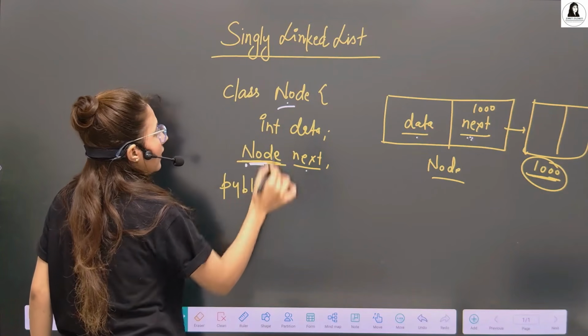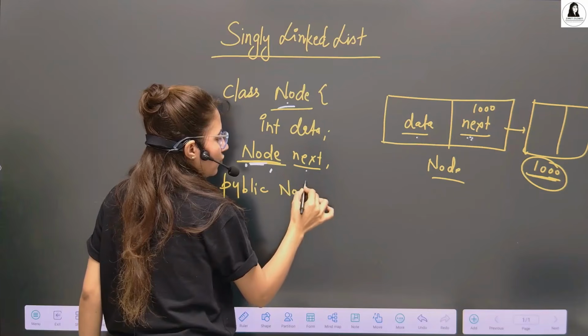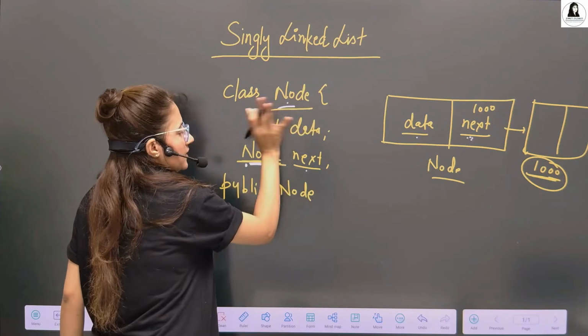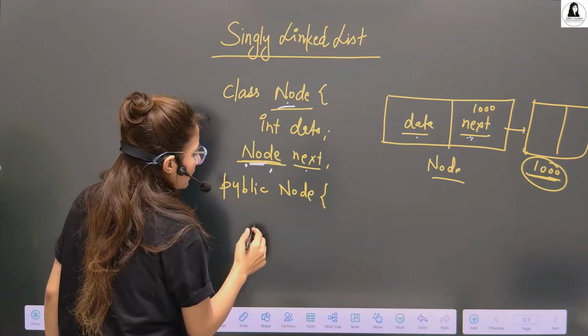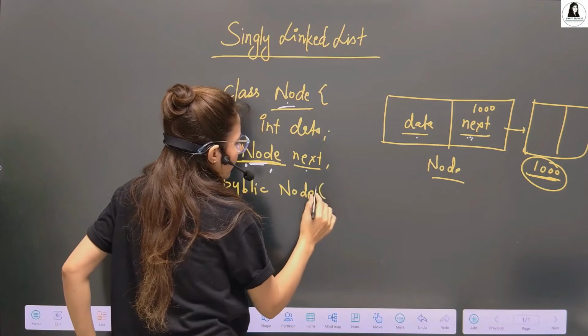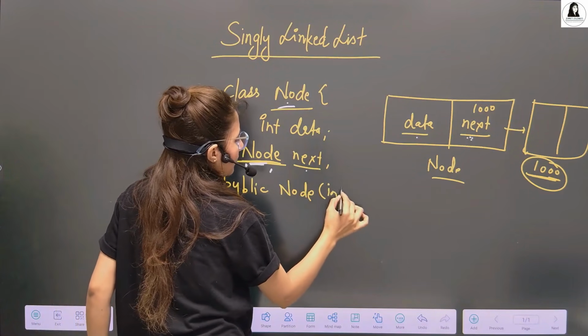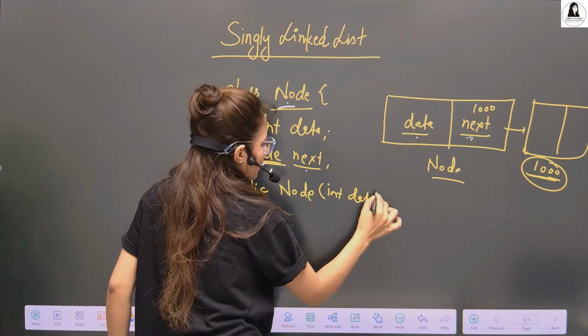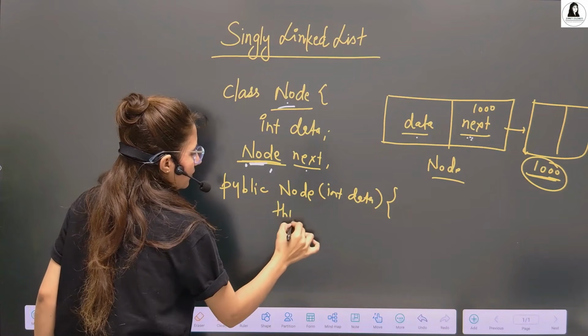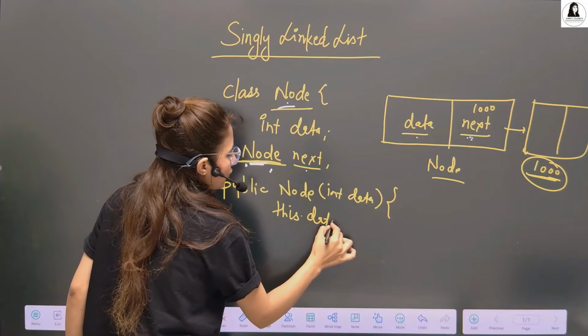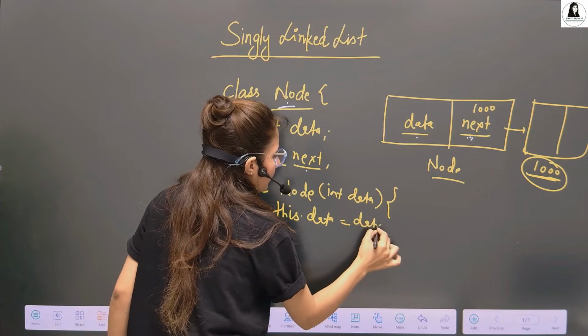So public, and the name of the constructor will be, we know the rules, the same as the class name. And then we are passing here int data. Suppose only data. So what we do is this.data = data, because I'm taking the same name.